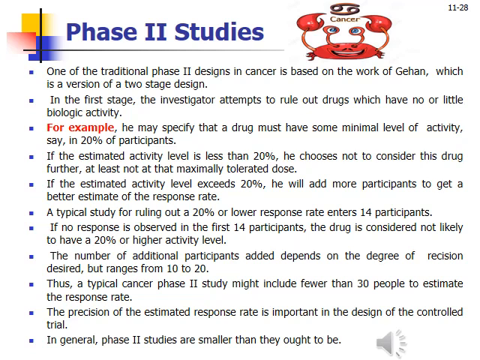The number of additional participants added depends on the degree of precision desired, but ranges from 10 to 20. Thus, a typical cancer phase 2 study might include fewer than 30 people to estimate the response rate. The precision of the estimated response rate is important in the design of the controlled trial. In general, phase 2 studies are smaller than they ought to be.